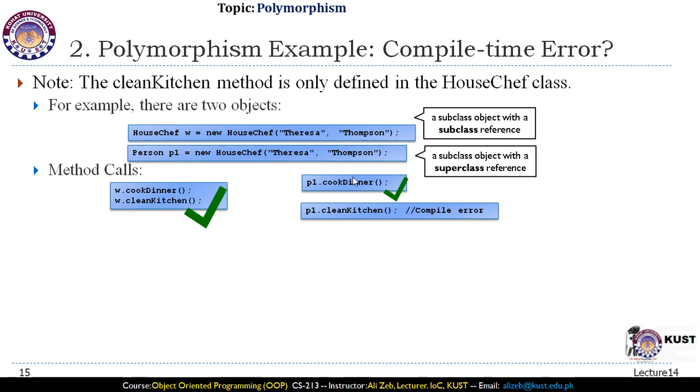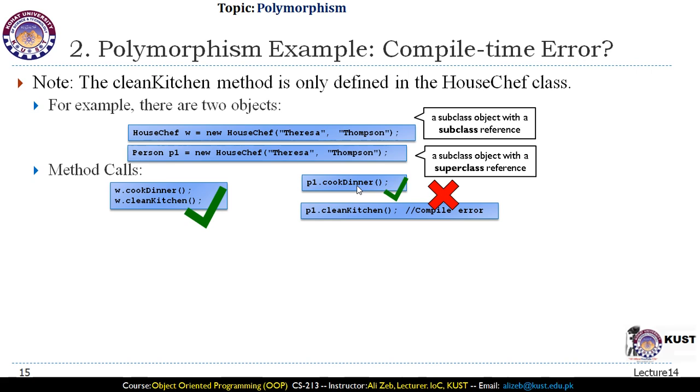The p1.cookDinner method will be executed because this is a method that has been overridden from the superclass, and it exists in the subclass as well as the superclass. So this will call the subclass version of the method.